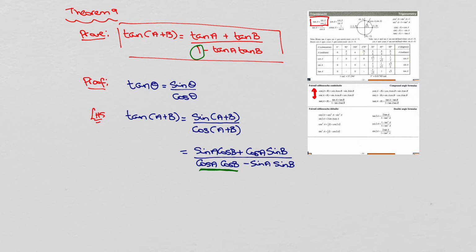So the only way I can get 1 there is by dividing everything by cos A cos B, because cos A cos B divided by cos A cos B will give me 1.